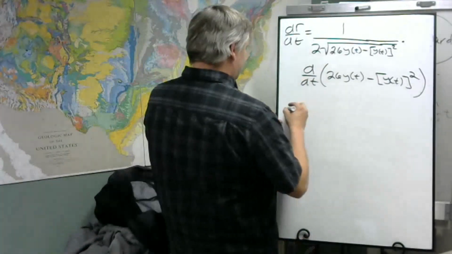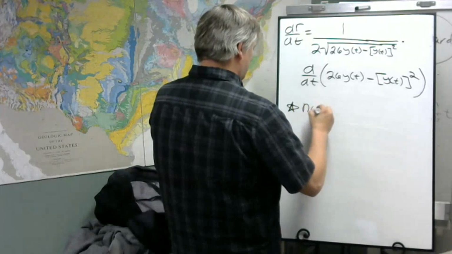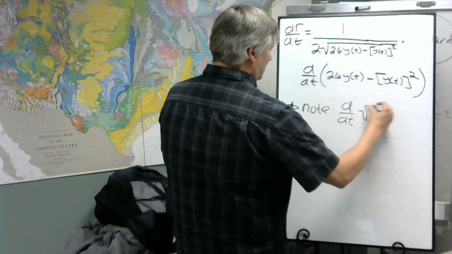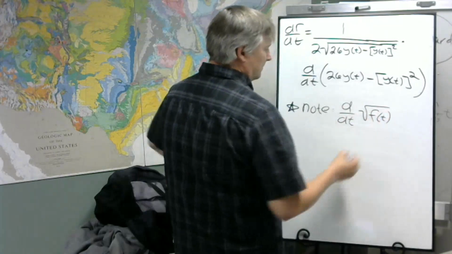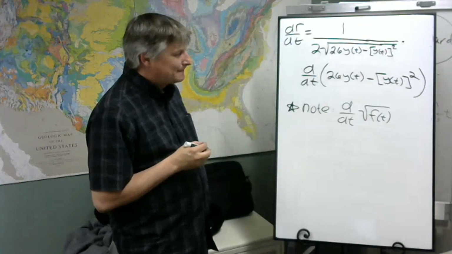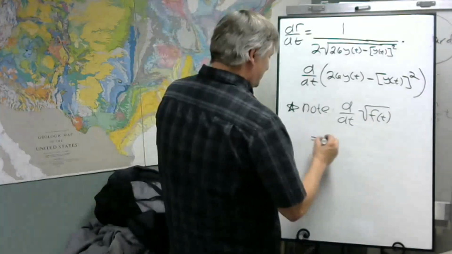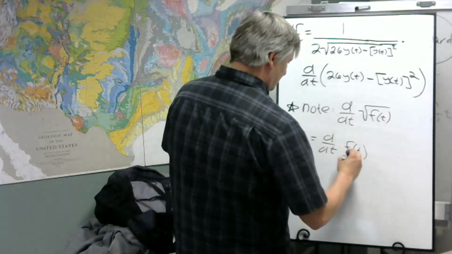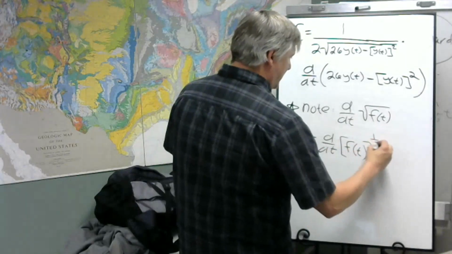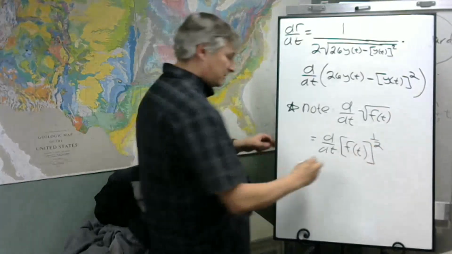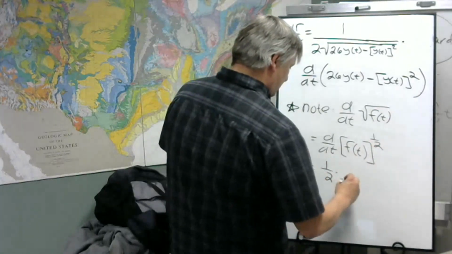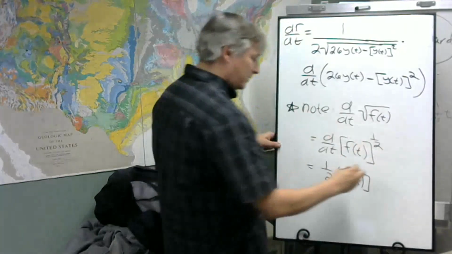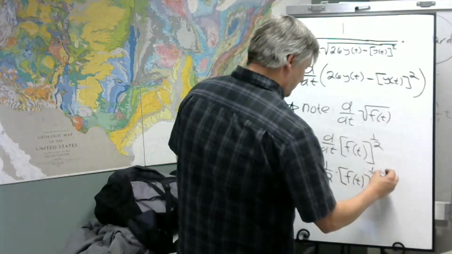So just a reminder, let's say we're taking d/dt of the square root of f of t. So this is d/dt of f of t to the 1/2, or it's going to be 1/2 times f of t to the 1/2 minus 1. So it'll be 1/2 minus 1.